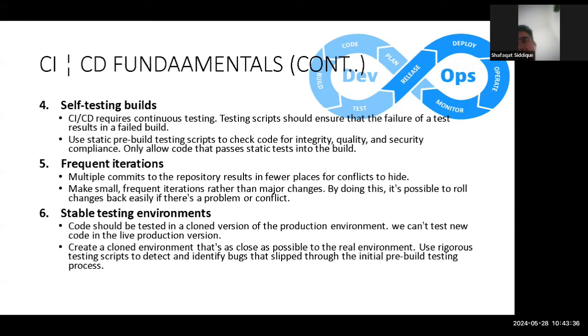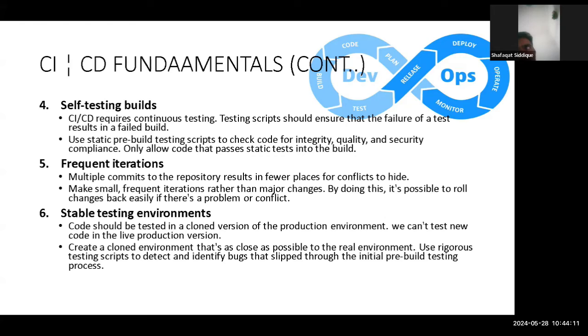If there is any conflict or any problem on the major changes, that is handled by the team lead. If some merge conflicts happen over the repository, that is managed by the team lead.